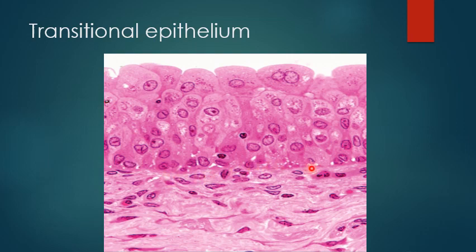Here the basement membrane is not clear. From the basal cells to the apical, all the cells have rounded nuclei. Take care that the most superficial cells are cuboidal in shape and some of them are binucleated.